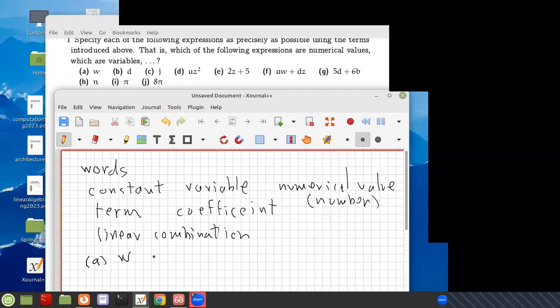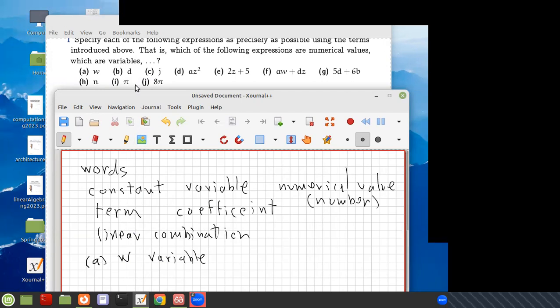Okay. So this is a variable, right? That's what you guys chose. The reason is because it's from the end of the alphabet.